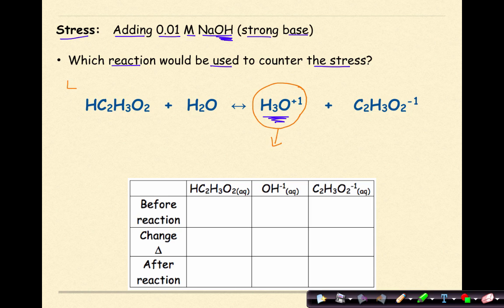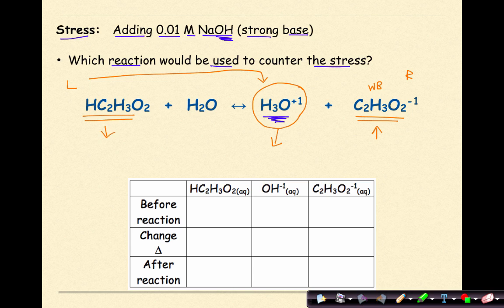And if this is my left and this is my right, my equilibrium again will shift to replace what is lost. So my hydronium ions are decreasing, but as a result, my acetate ions, which we know is a weak base, will increase. At the same time, my acetic acid over on the reactant side will decrease.